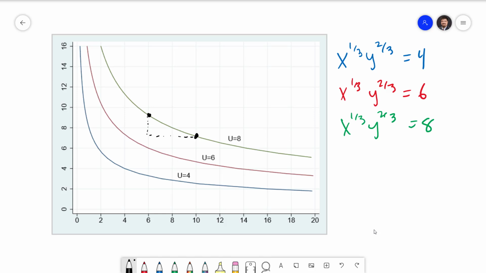The rate at which a consumer is willing to trade x for y is called the marginal rate of substitution of x for y. The MRS at any given point along an indifference curve is also the absolute value of the slope of that indifference curve at that point. We'll return to the concept of the MRS in a few minutes.